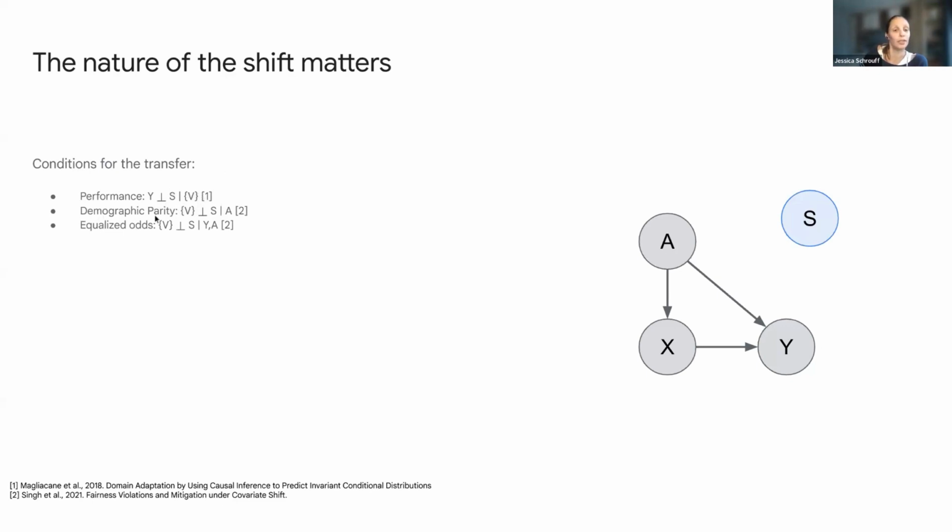You can also transfer demographic parity with an additional constraint here, and equalized odds as well. But what we don't know typically is, if we represent this environment by an indicator variable, how does this actually, beyond assumptions, interact with the different variables in your application?